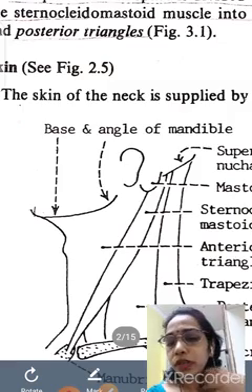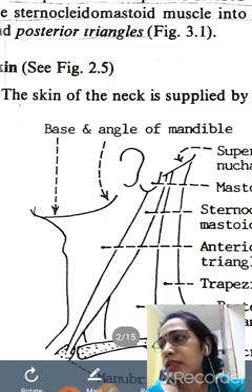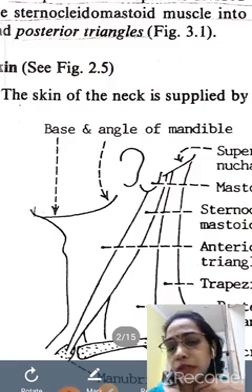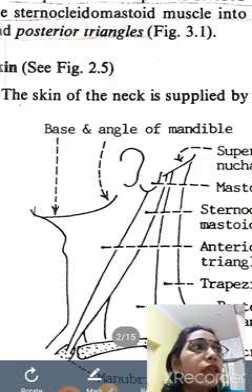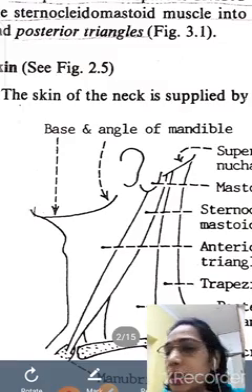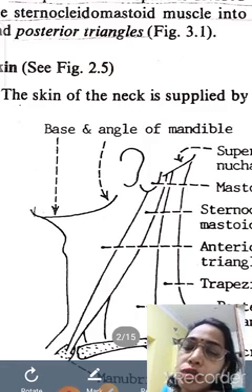So when it contracts on a single side, it rotates the face to the opposite side, and you can feel this tendinous muscle very clearly. It also tilts the head towards the shoulder.